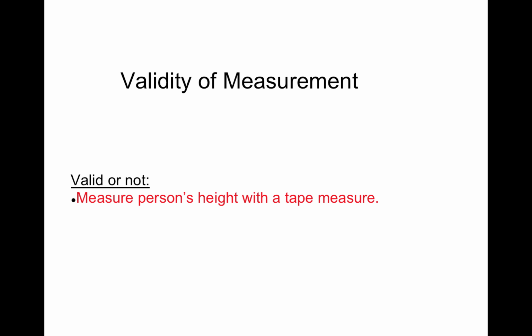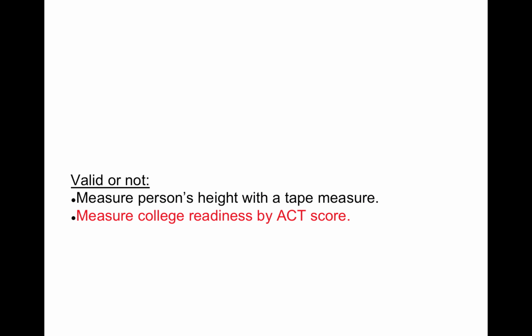So you have to determine whether a measurement is valid. Let me ask you this. If you measure a person's height with a tape measure, is that valid? I say yes. If you measure college readiness of a student by ACT score, is that valid? I think maybe not.